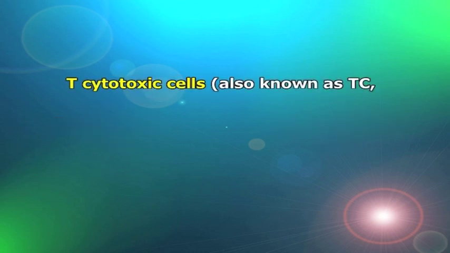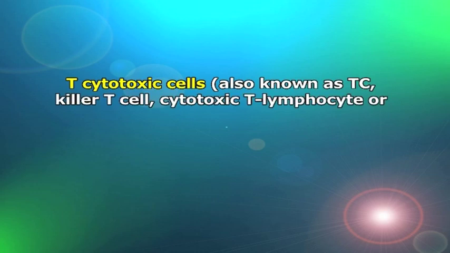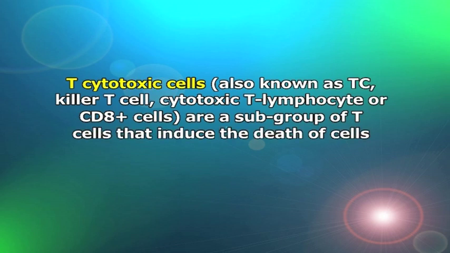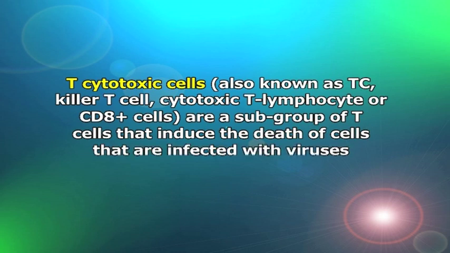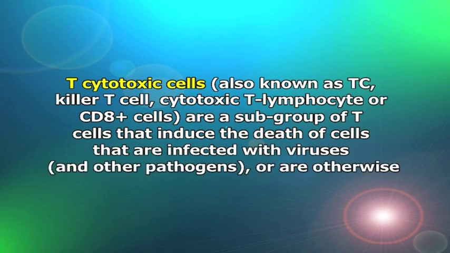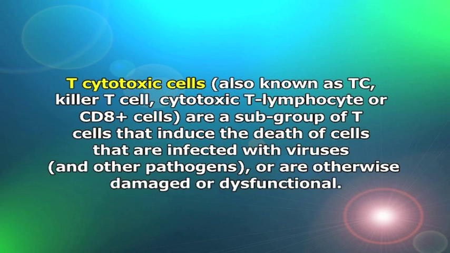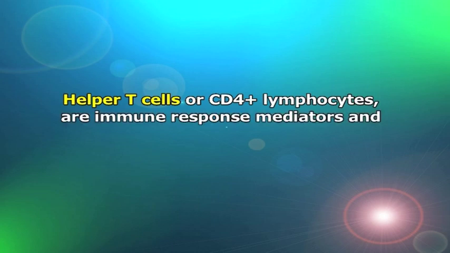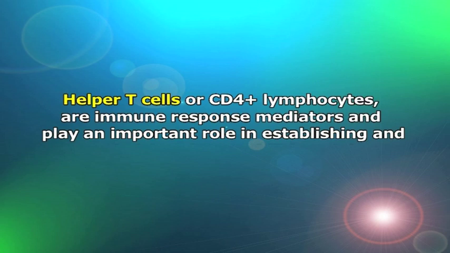T cytotoxic cells, also known as Tc, killer T cell, cytotoxic T lymphocyte or CD8 plus cells, are a subgroup of T cells that induce the death of cells that are infected with viruses and other pathogens or are otherwise damaged or dysfunctional.